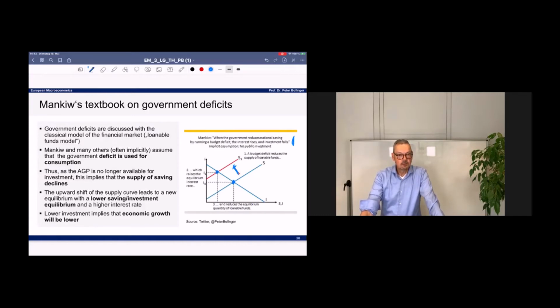And we all know that the German economy, like many other economies, is confronted with huge challenges due to climate change, due to digitalization. And this needs a lot of public funds. Maybe it also needs a lot of public investment to deal with these challenges. And now in Germany, we have this debt brake.